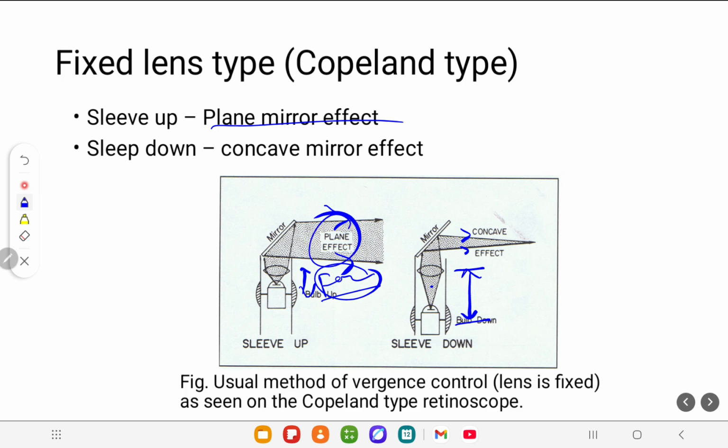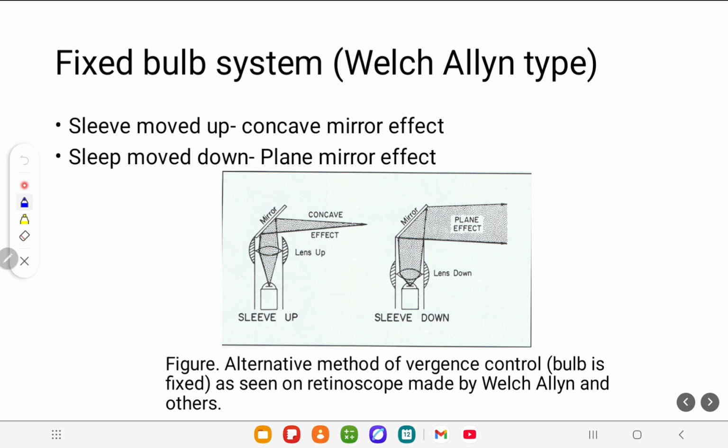It's just an effect. Don't think that there is actually a concave mirror. No, that's not the case. When the sleeve is down, it is the concave mirror effect. It's an effect. So basically, it's a game of where F is and where the object is. In this case, the object is the bulb, isn't it? So it's a system, whatever the type.